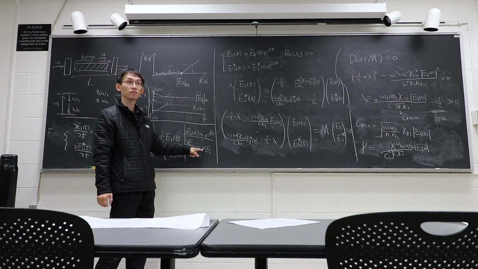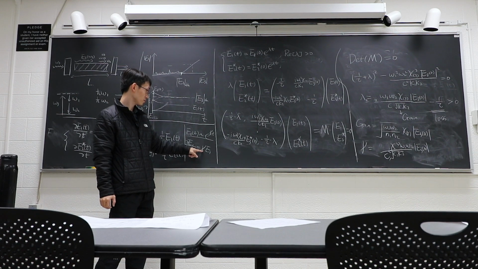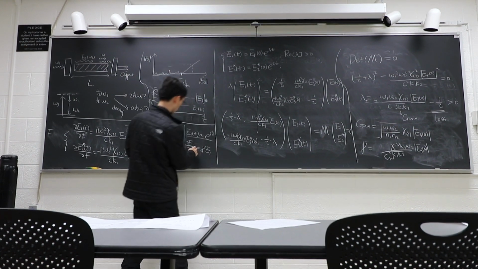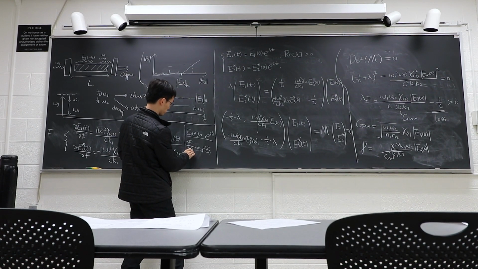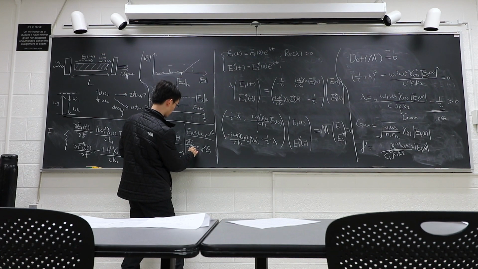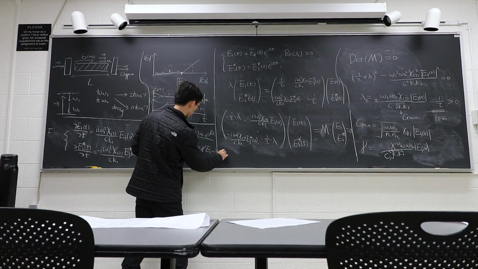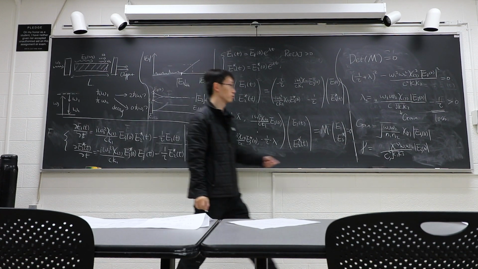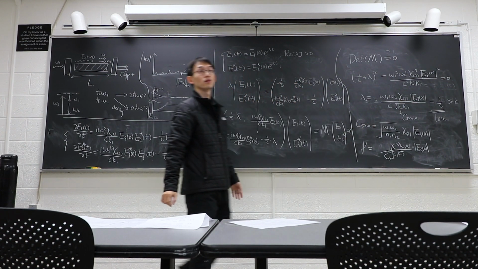You have a gain, and then you change this into c and tau, and then you subtract your loss. Then you will get exactly the same solution as here.